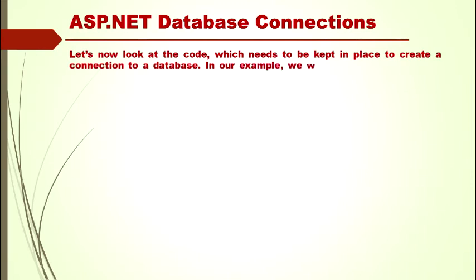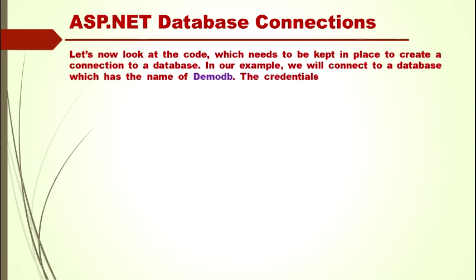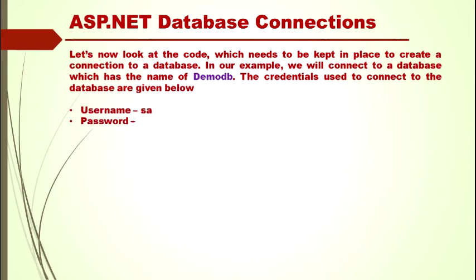In our example, we will connect to a database which has the name DemoDB. The credentials used to connect to the database are given below: username SA and the password demo123. Let's work with our current application.